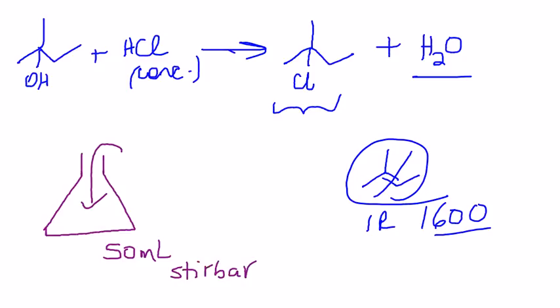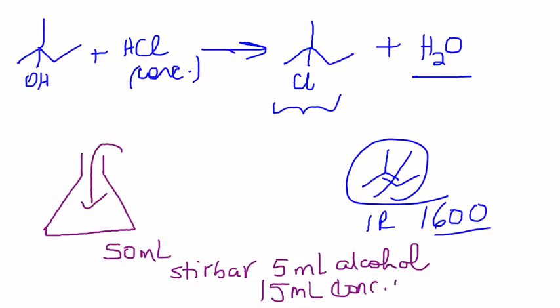We are going to add 5 milliliters of the alcohol, and we are going to add to that 15 milliliters of concentrated HCl.